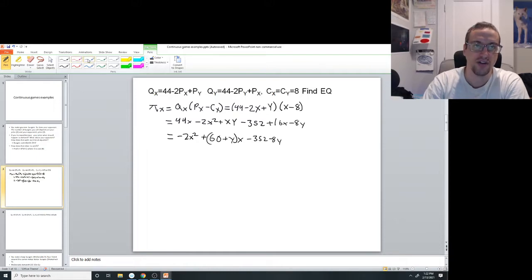If you're in calculus, you've figured this out, but there's a really simple way to do this. Anytime you have an equation of the form negative ax squared plus bx plus c, the x max, or the best x, is b over 2a.